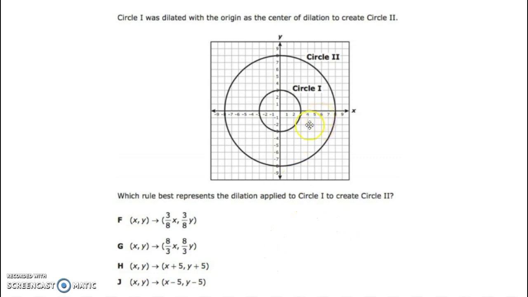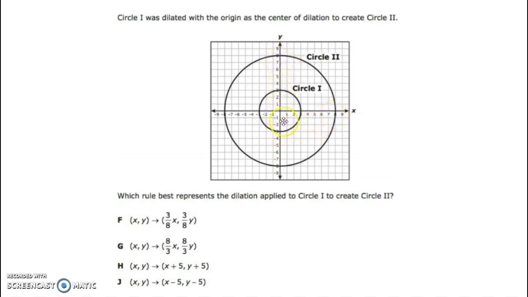Okay, to get the answer, we know to get the scale factor, you need to divide the new figure by the original figure, or the new figure by the old figure. So let's take this point here. We see that this is 0 and 8.